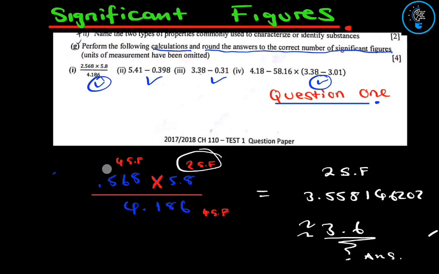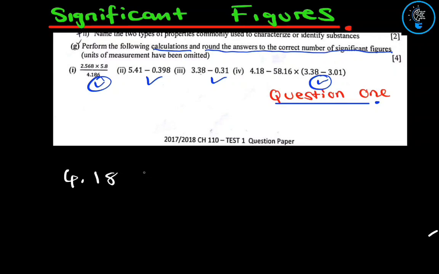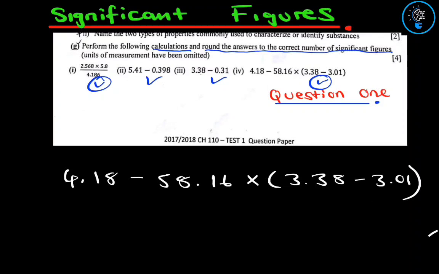Okay, let's do the last question and call it a day. Question 4 says 4.18 minus 58.16 multiplied by 3.38 minus 3.01. Wow, this question was quite hard.